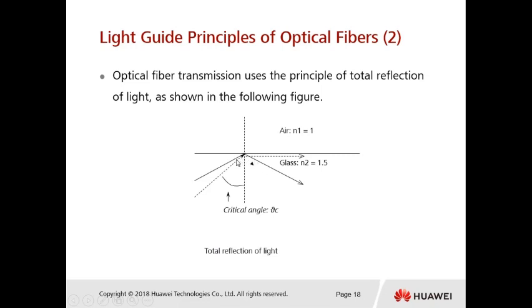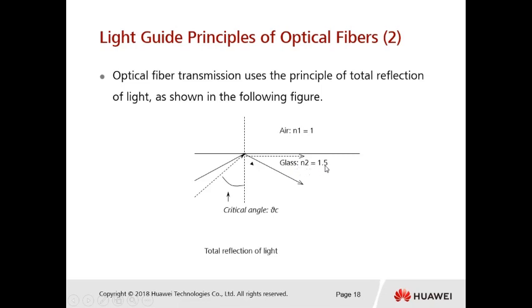We want our light to always transmit in the glass, not output to other parts. In your fiber, the fiber core is this part, and this part is the cladding. If you want total reflection in your fiber, the cladding refractive index should be smaller than the refractive index of the glass, right?